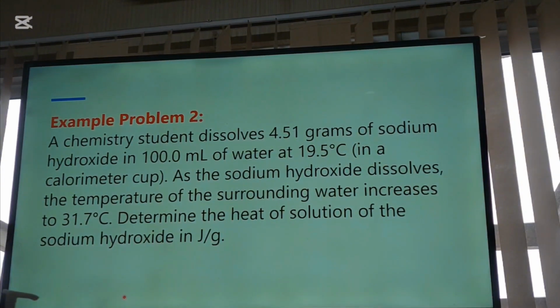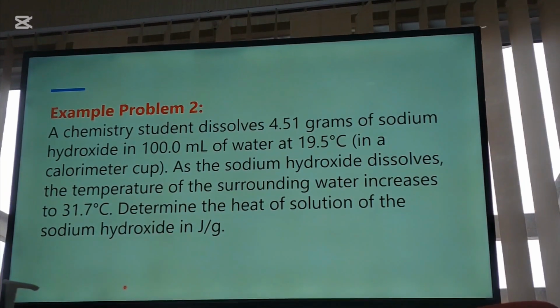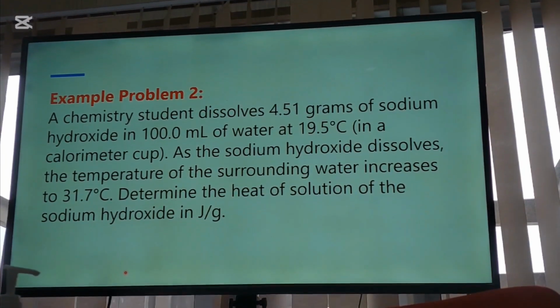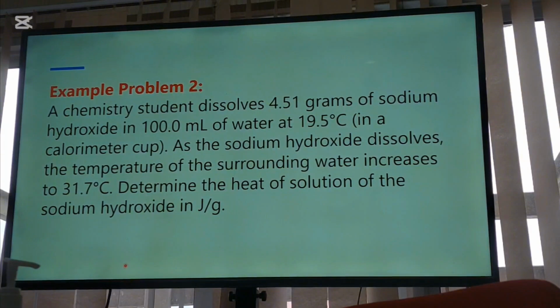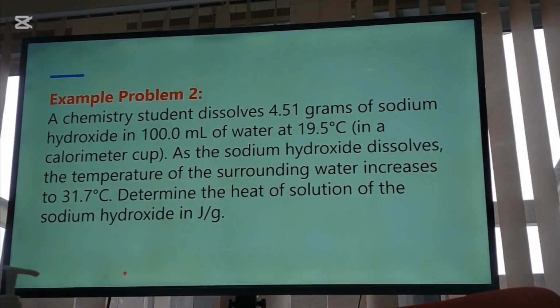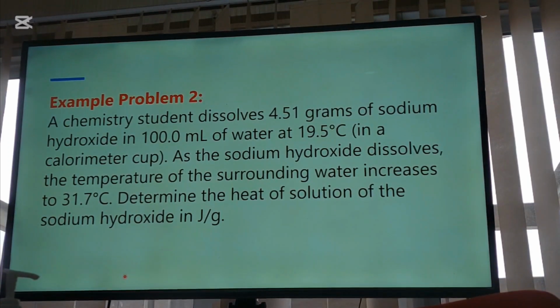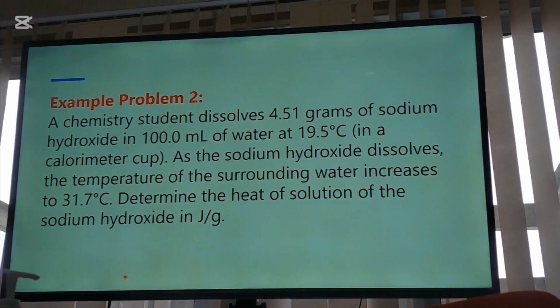The amount is correct, only the minus sign changes. We have to know which one gains the energy and which one emits the energy. Okay, good.